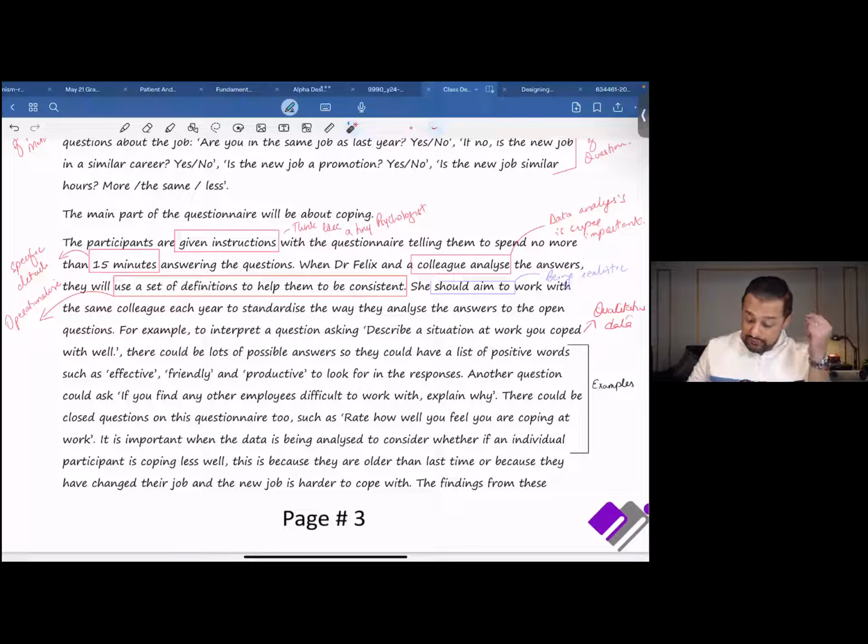When Dr. Felix and a colleague analyze the answers, wait, did this response mention a colleague? If you've noted this, remember having a colleague would help you with inter-rater reliability.